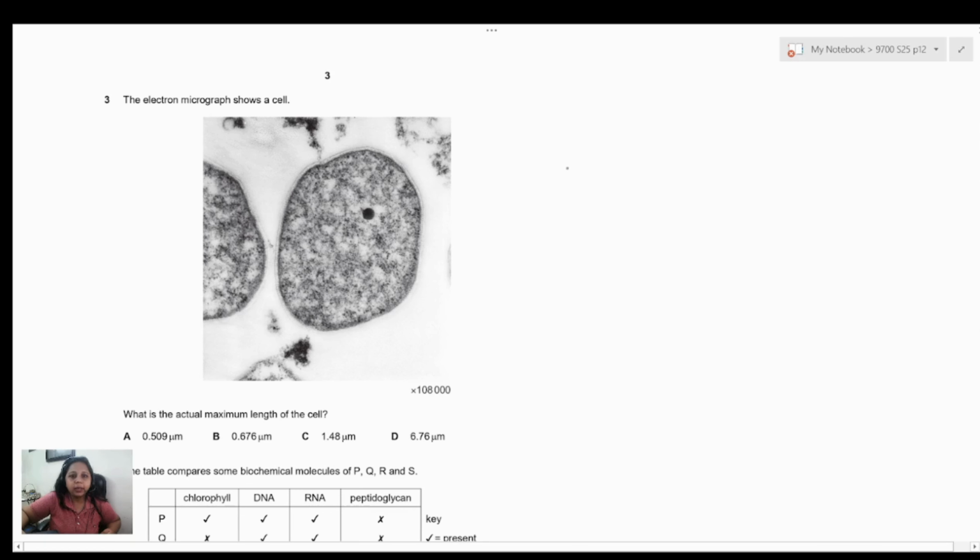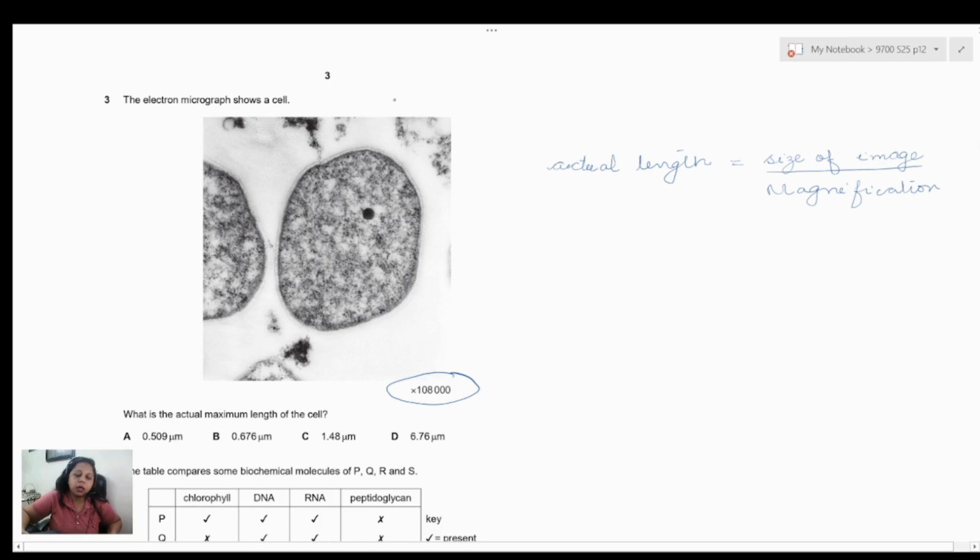So actual length is equal to the size of the image divided by the magnification. Whatever length you are getting from it, the magnification is also given.